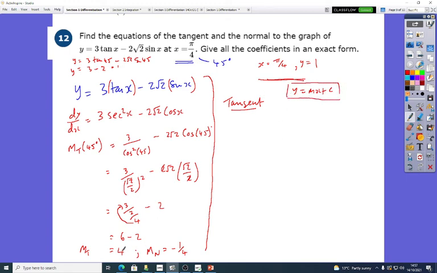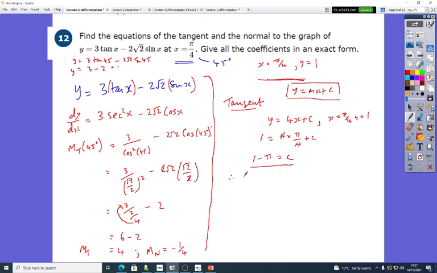For the tangent, the gradient is 4, so y equals 4x plus c. And this goes through the point x equals pi over 4 when y equals 1. If I plug that in, 1 equals 4 times pi over 4, which is beautiful, the 4's cancel out. Therefore, c equals 1 minus pi.